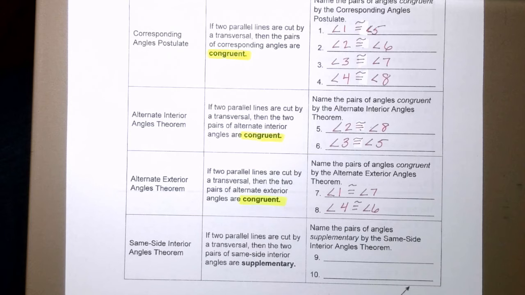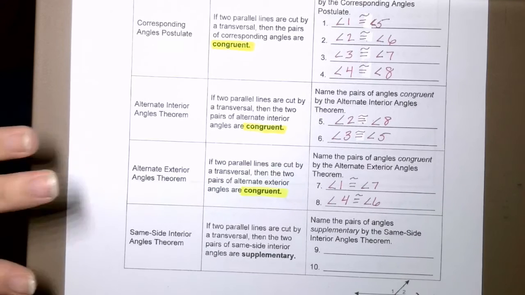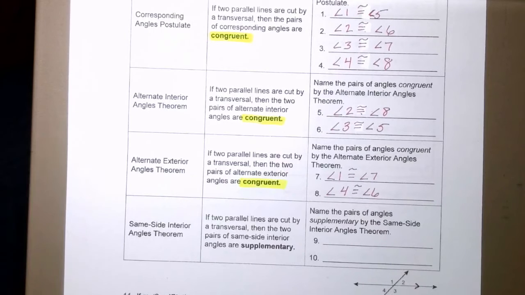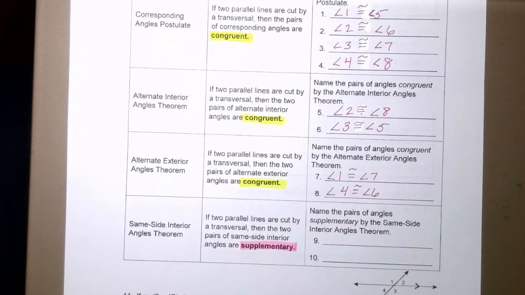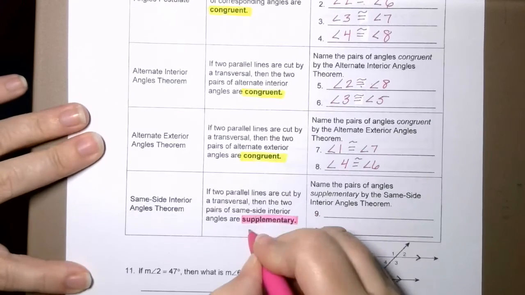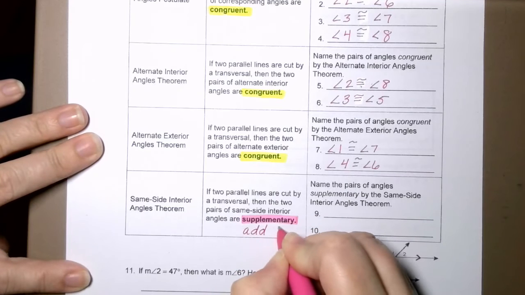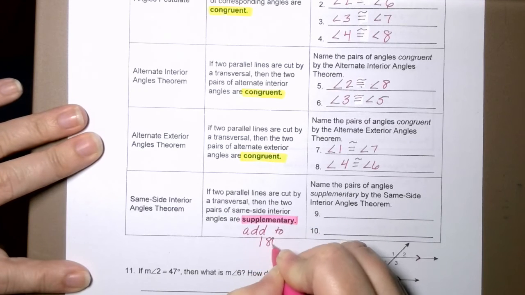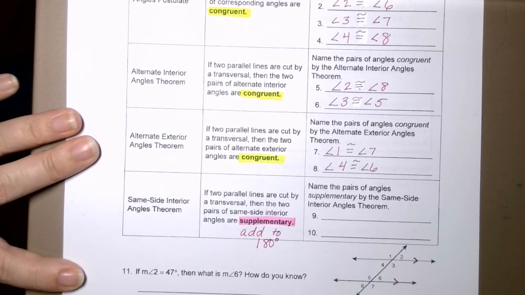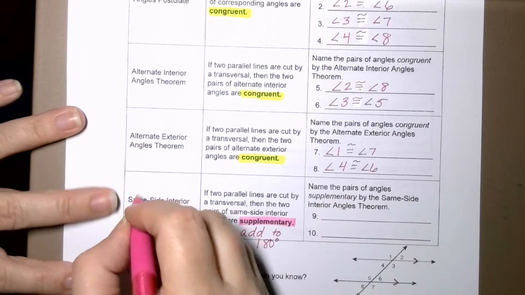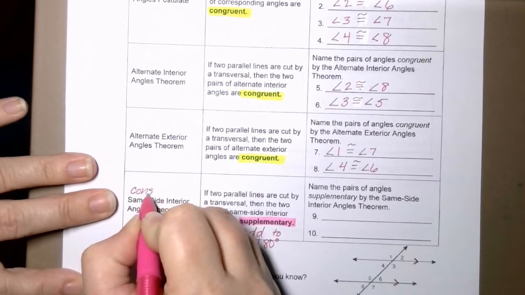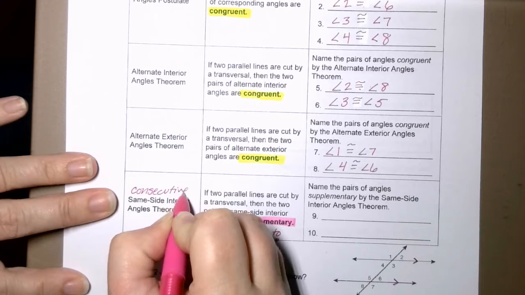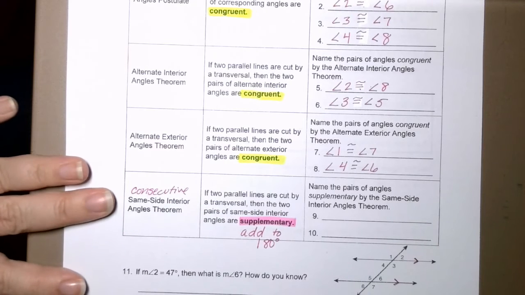Okay, so? All right, last one is different. They are not congruent. They are supplementary. What does that mean? Add to 180 degrees. So, same side interior angles. What was that also called yesterday? Consecutive interior angles.